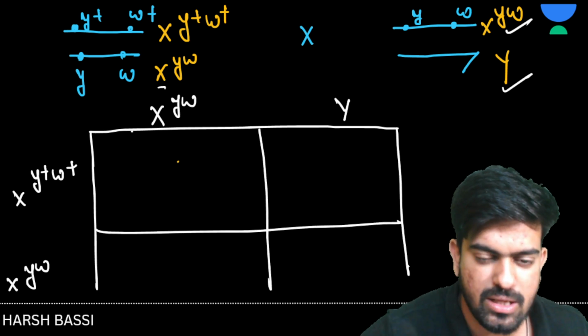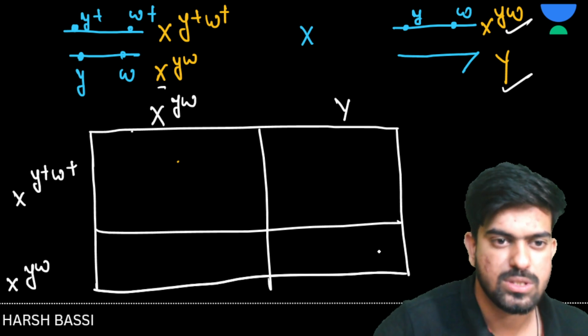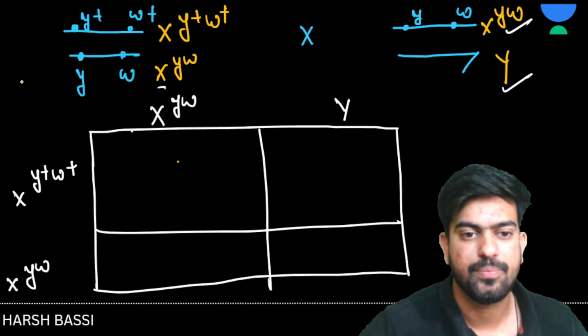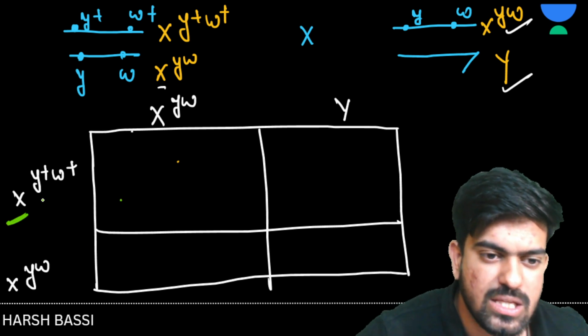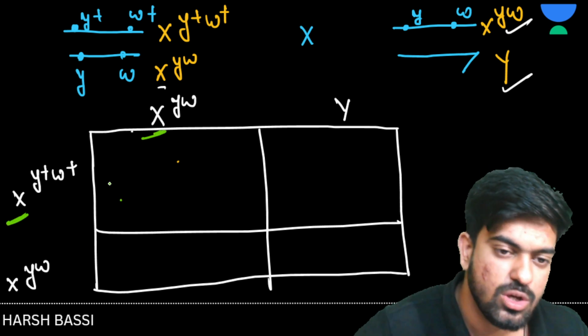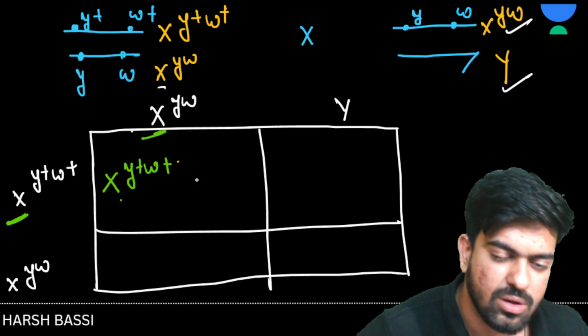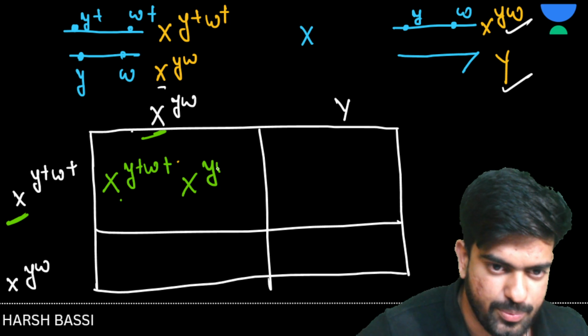Now let's make the Punnett square. See here, very carefully. This X is going to fuse with this, so we are going to get X, Y plus W plus and X, YW.